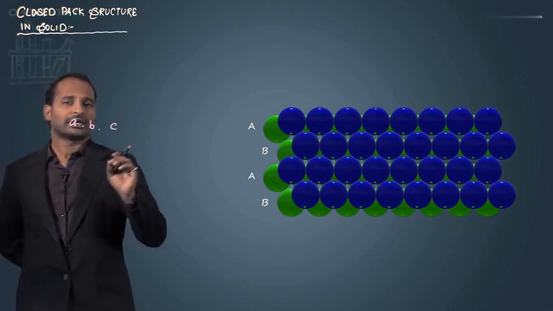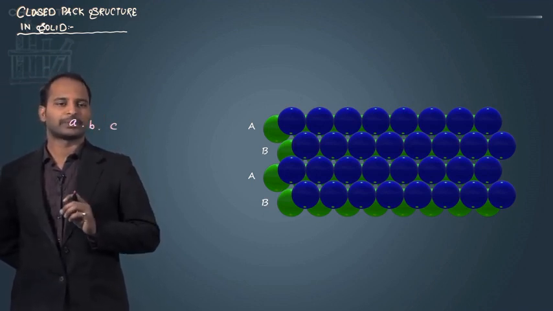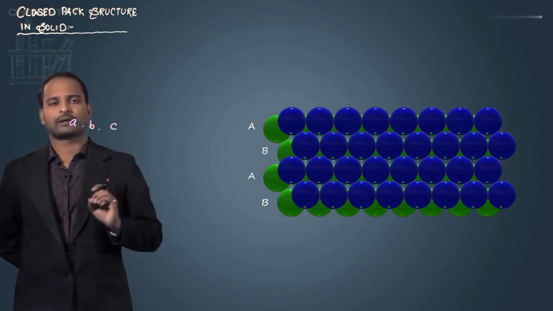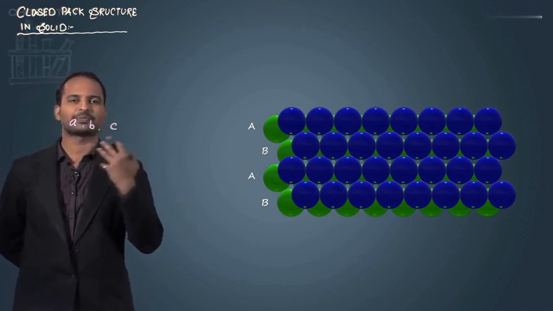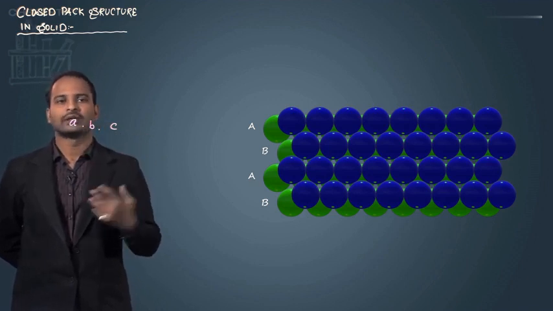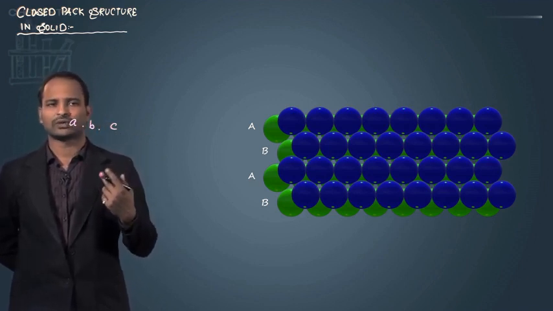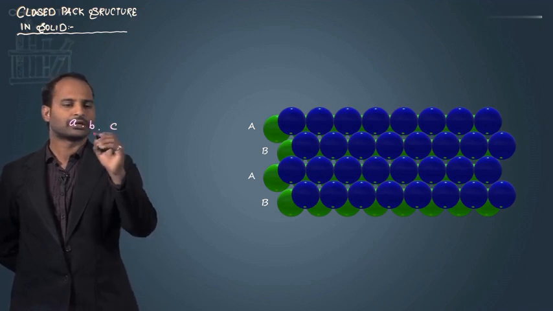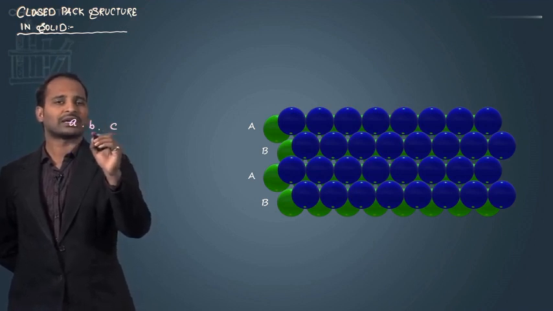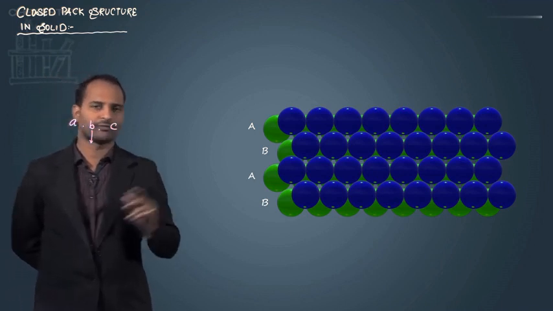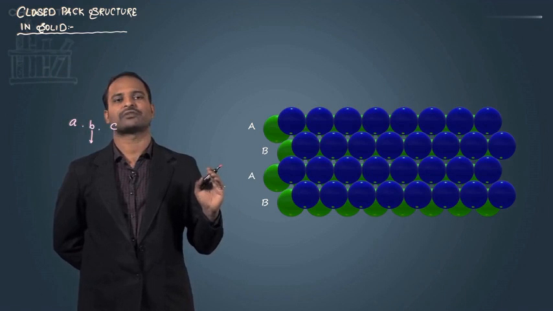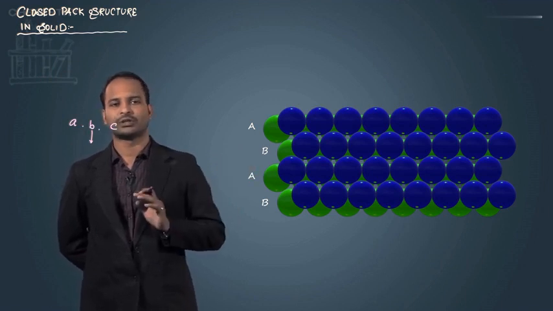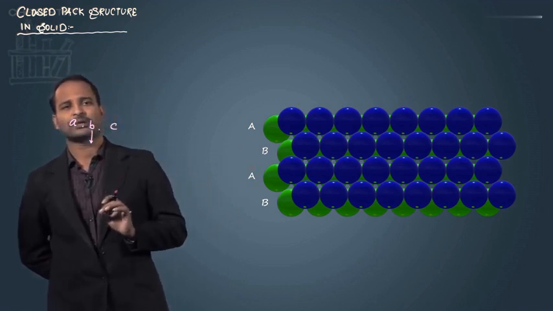Now let's see, each void is surrounded by how many spheres? Now I'm talking about the three-dimensional packing. If you want to know how many spheres are there around a void, then you have to consider two layers only. Now let's see, this void B, which was present in the first layer but is now covered by the balls of the second layer, is surrounded by how many spheres?